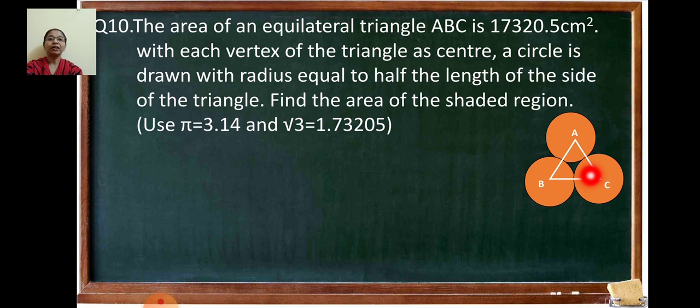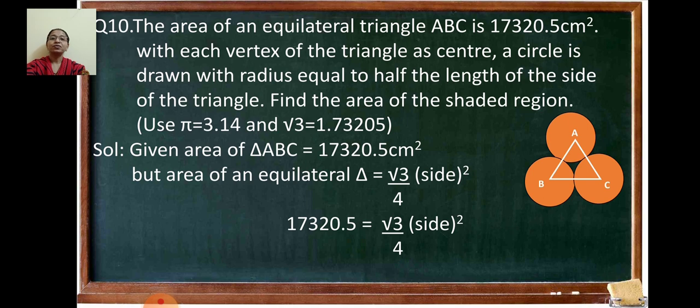So we'll multiply one sector's area by 3, and from the area of this equilateral triangle we will subtract the area of these three equal sectors, so that you will get the area of this black color shaded region. Right? And value of pi and root 3 is given to you, so you make use of that as it is. So let us proceed.